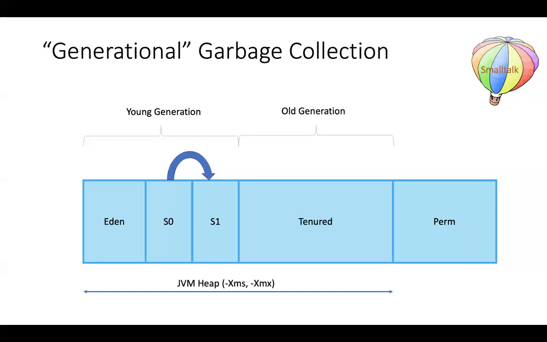So it uses different garbage collection algorithms in terms of how it finds the garbage. In Eden and tenured space, I think it's true of Eden, and I know it's true of tenured space, it uses mark and sweep. So it goes through and tags every object reference as to whether it's used or not.